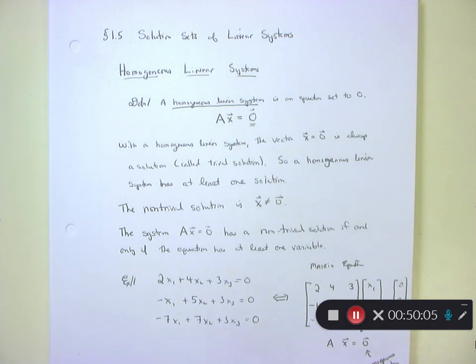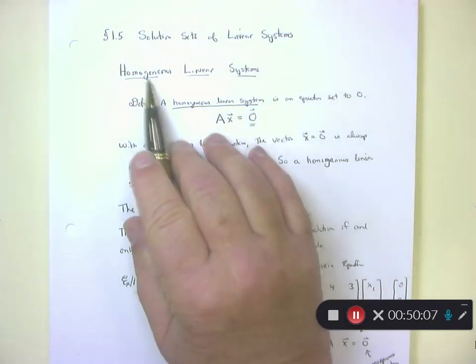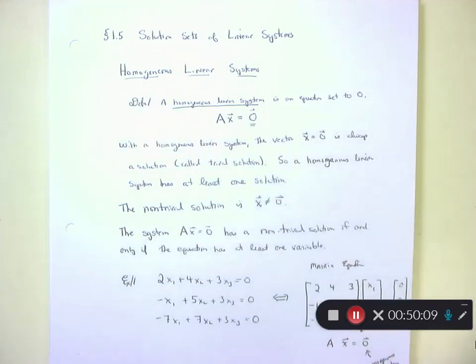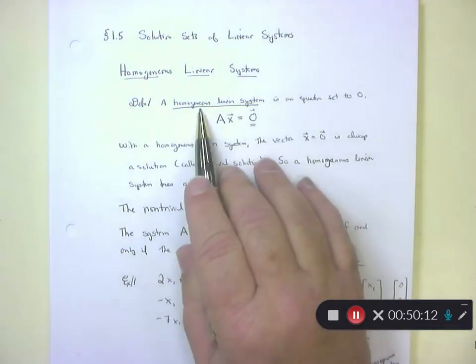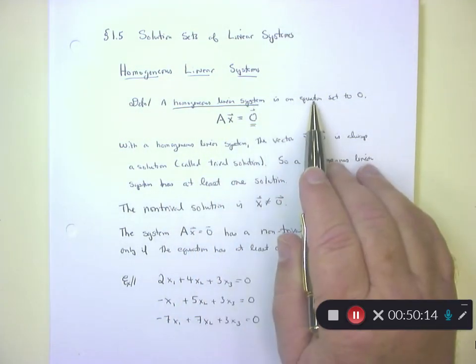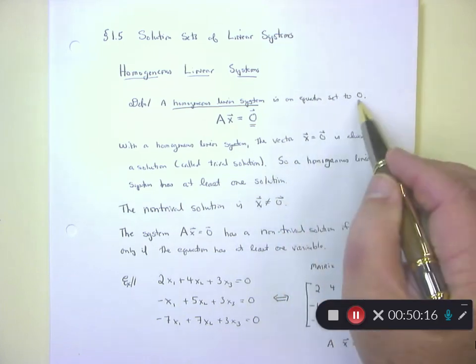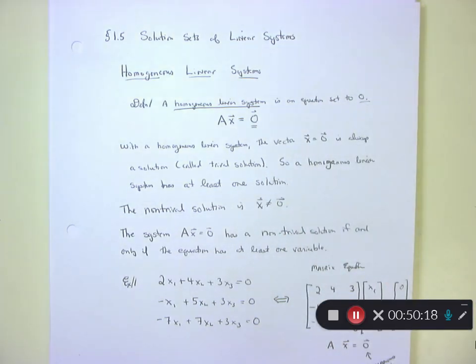All right. First definition: homogeneous linear system. A homogeneous linear system is an equation set to 0. That's all it means. When we have Ax equals b, you have that equal to the b vector. Well, instead of the b vector, just set it equal to the 0 vector.